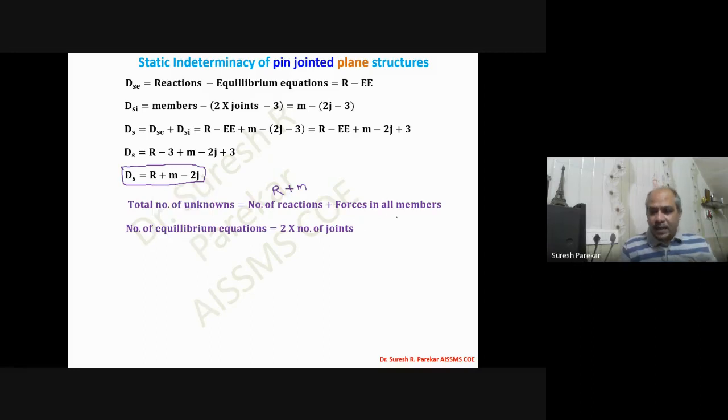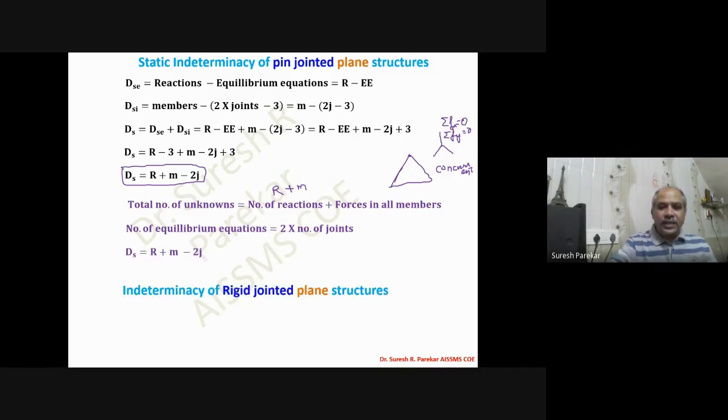Because this is a pin jointed structure, and at a pin joint we have a concurrent force system, and for a concurrent force system we have only two equations, summation Fy equal to 0 and summation Fx equal to 0. Therefore we have 2 into the number of joints equilibrium equations, and we get the same value which we calculated using the formulas for static internal indeterminacy and static external indeterminacy.